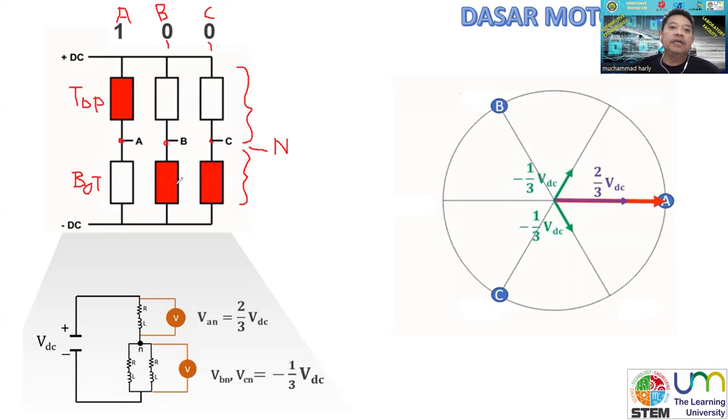Between B and C it is parallel, but between E and both B and C it is in series. Okay, and to calculate the amount of the voltage between top and bottom, you see here that we are going to the bottom feature here.